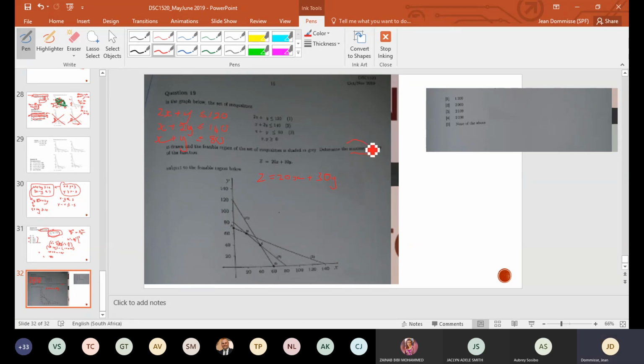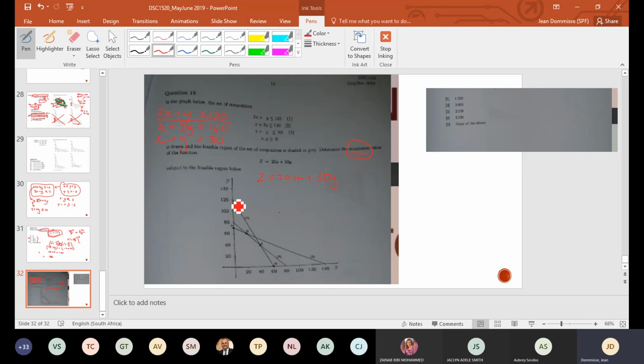And what is that? Determine where? What value? Okay, so let's quickly see. So let's look at this one first.